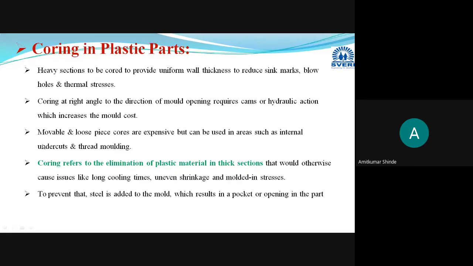Then sometimes you have to go for movable and loose piece cores, which may be expensive in nature. Whenever internal undercuts or threaded molding is there, then you can go for these movable or loose piece cores.